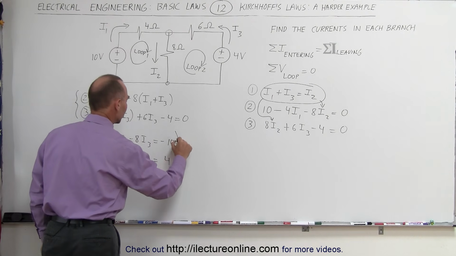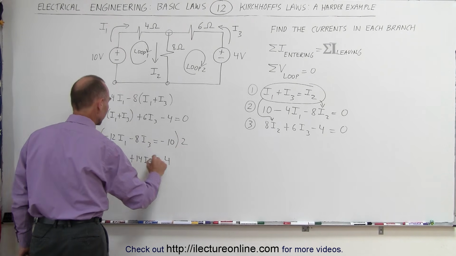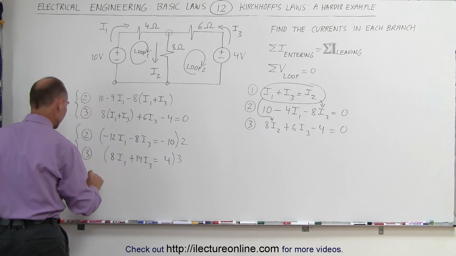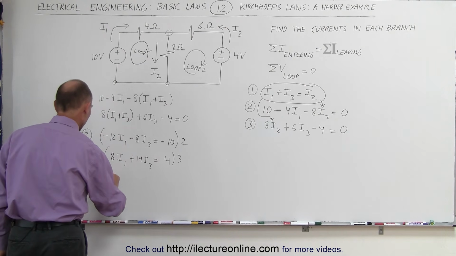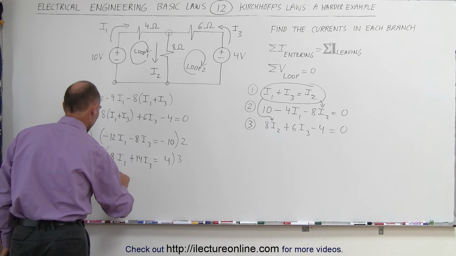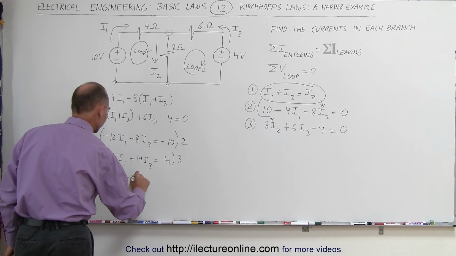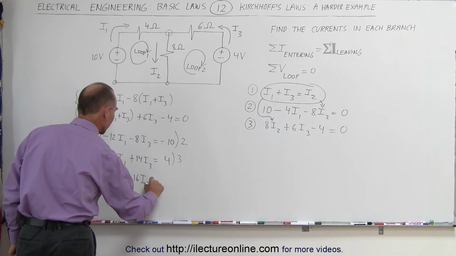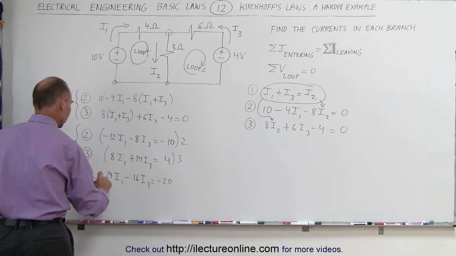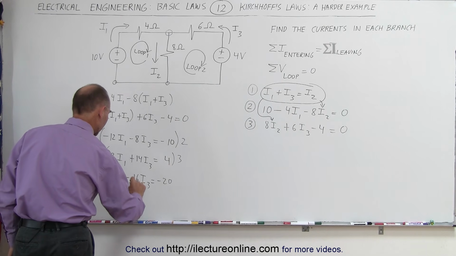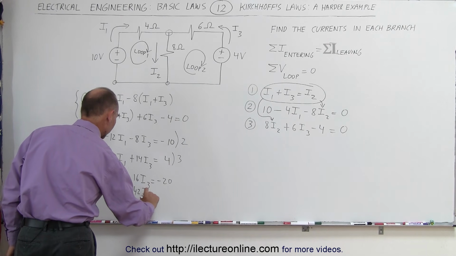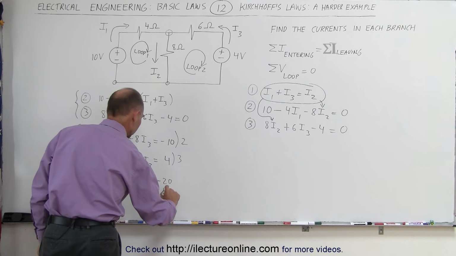I'm multiplying equation number 2 by 2 and equation number 3 by 3, and I get minus 24 I1 minus 16 I3 equals minus 20, and plus 24 I1 plus 42 I3 equals plus 12.